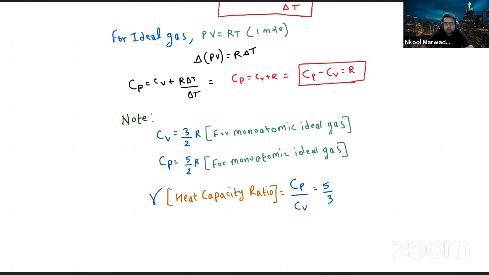And this is also for monoatomic ideal gas. So this is done.